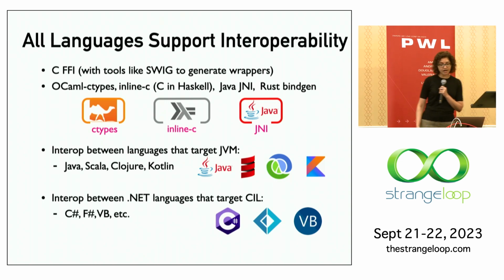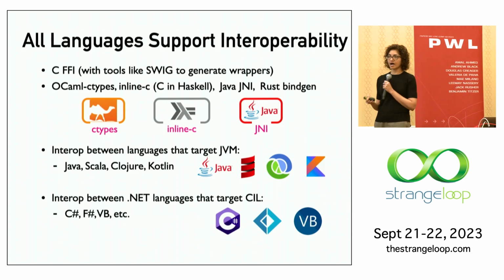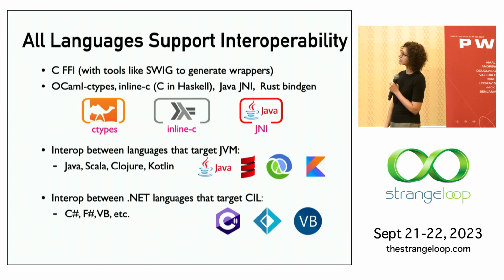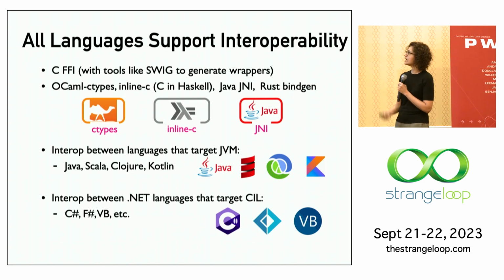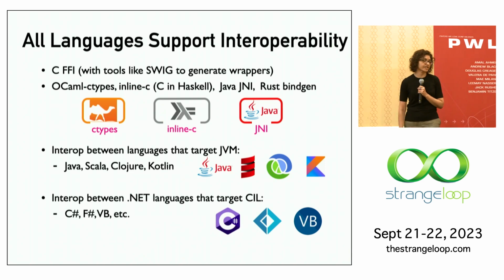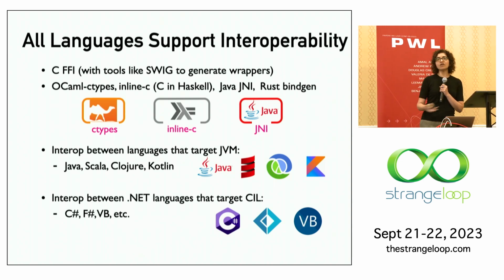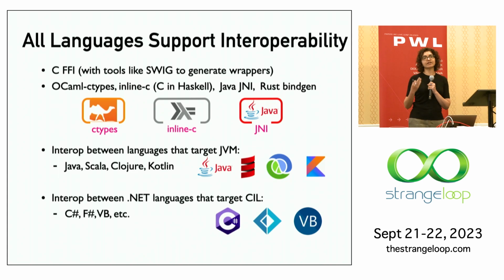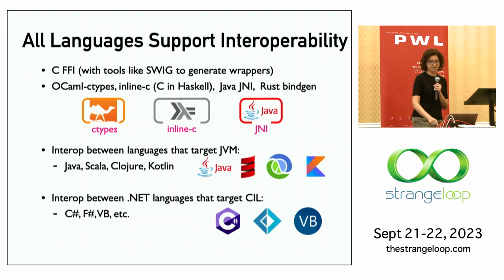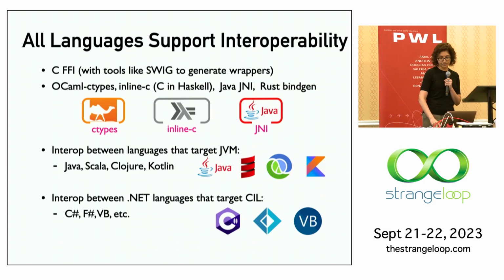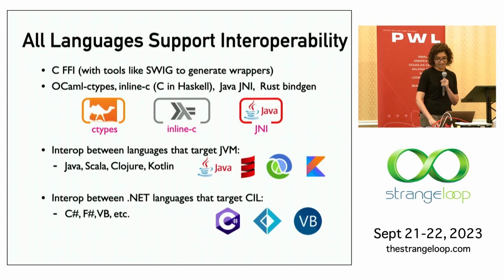Then there's also interop between languages that target the same IR. So for instance, languages that target the JVM, or supporting interop between .NET languages that target the CIL. So just all sorts of different flavors, right? There has been so much work over the years on supporting language interop in realistic fashion and in order to make life easier for developers.